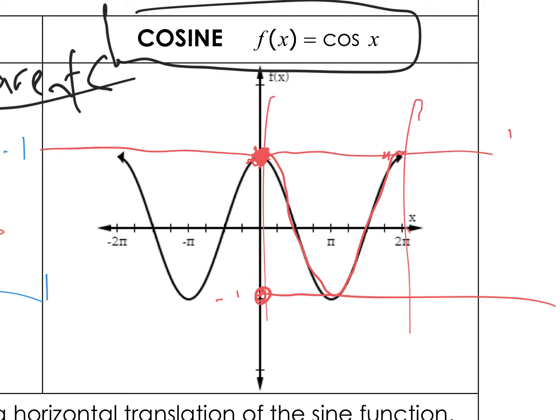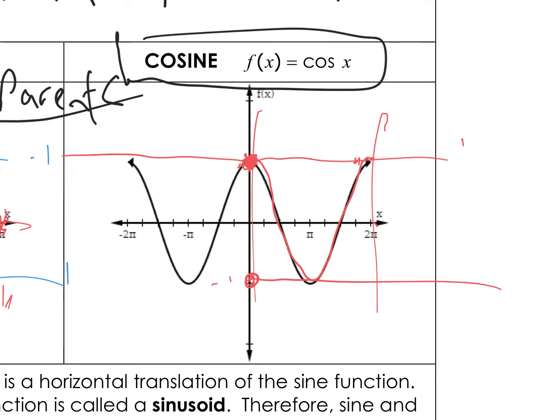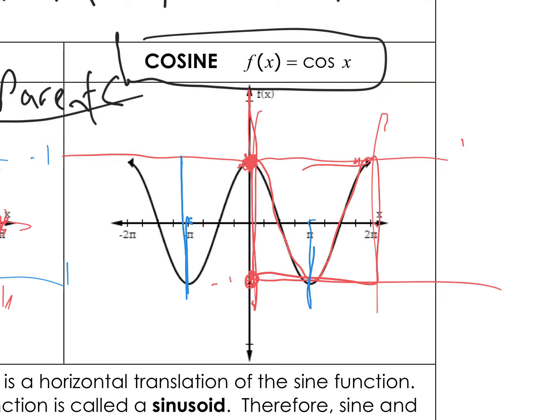Right. Oh, so for cosine, we go like that? This is one way of looking at cosine. Some textbooks want to look at cosine starting at negative pi, all the way to pi. Some textbooks want you to look at that picture.